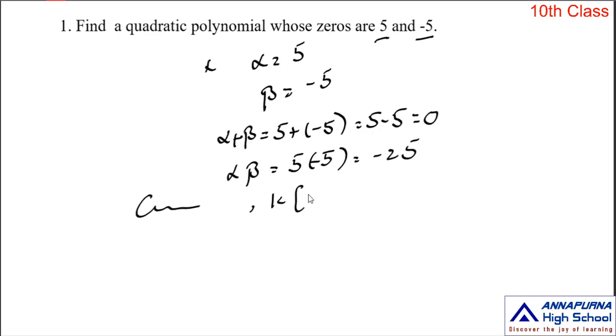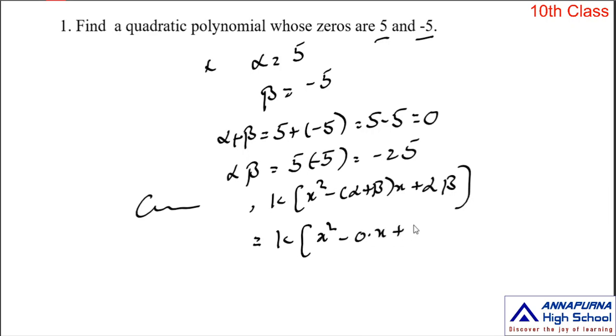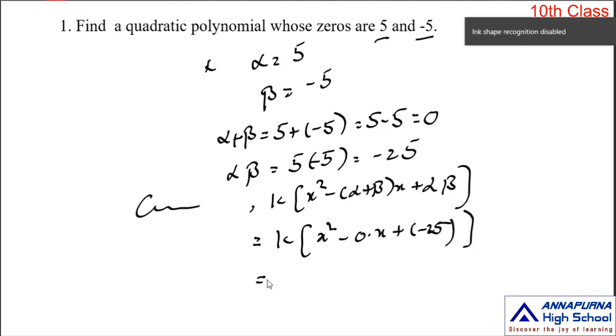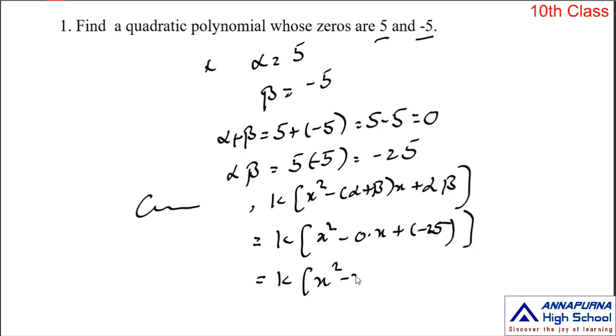What is that? k into x square minus of alpha plus beta into x plus alpha into beta. So that is equal to k into x square minus 0 into x plus of -25. It is equal to k into x square minus 25. So when k is equal to 1, required quadratic polynomial is x square minus 25. This is the answer.